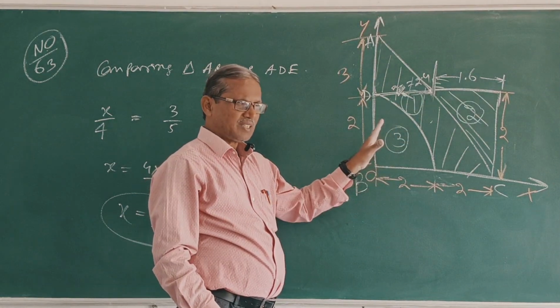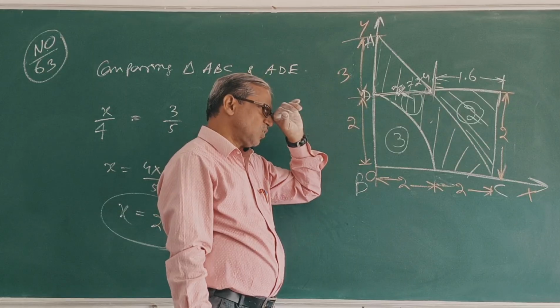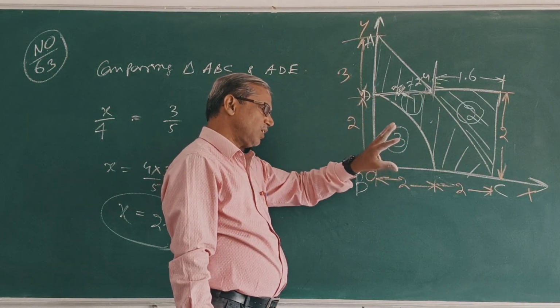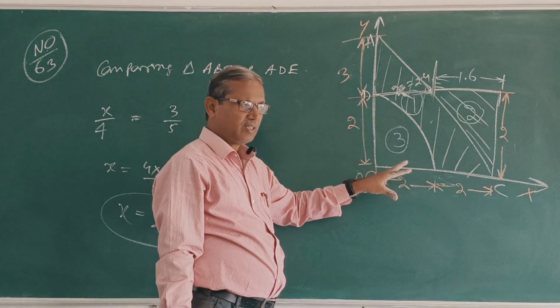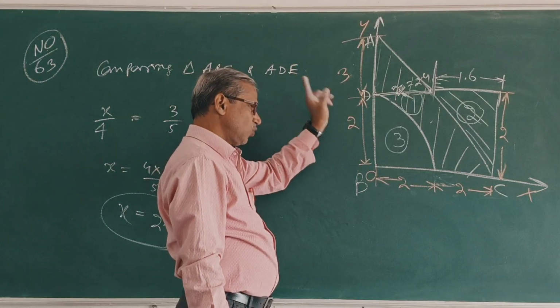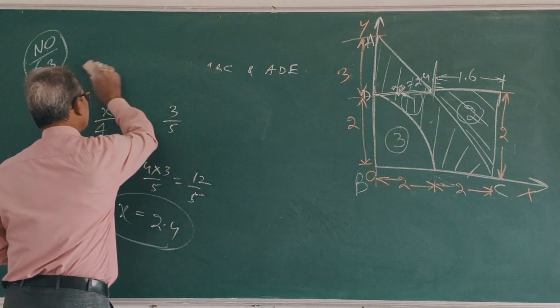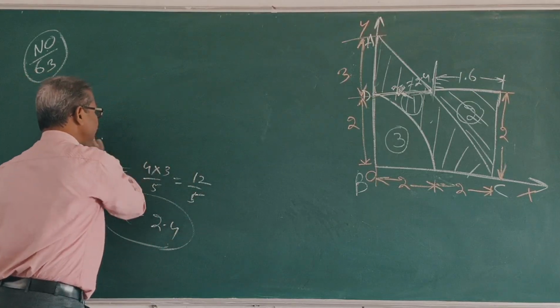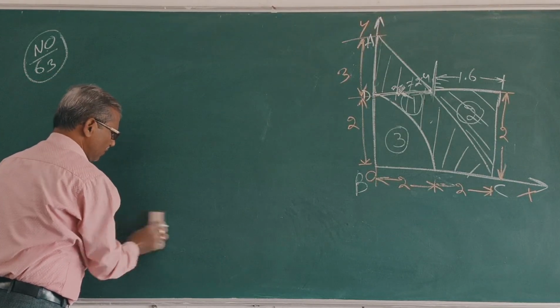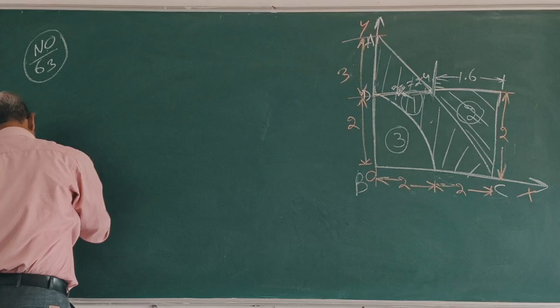All dimensions are given. We will find out for 1, for 2, for 3. Then apply formula 1 plus 2 minus 3. Clear? Now for 1. Okay, make table.